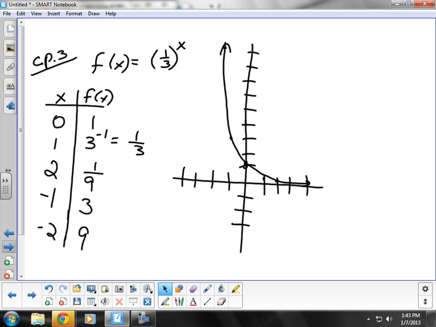On page 426, it starts talking about transformations. Just like I told you, every other transformation that we've done with quadratic equations, everything else that we've done, apply to these exponential functions too. So if you will look, what are they doing to the equation in the first box there?